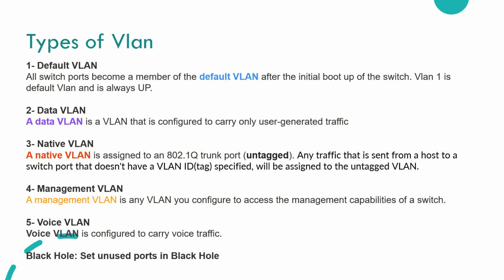But if any packets in the traffic come to my switch and do not have any tag, in other words, any traffic that is sent from a host to a switch port that does not have a VLAN ID or VLAN tag specified, will be assigned to the untagged VLAN. And native VLAN is the untagged VLAN. It means this tag does not exist in your switch VLANs.